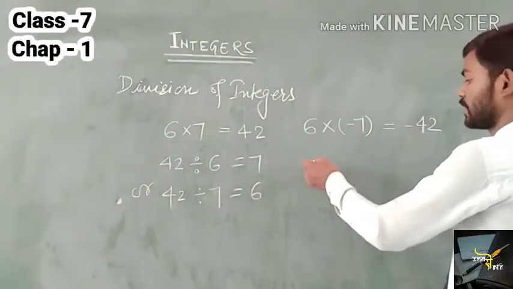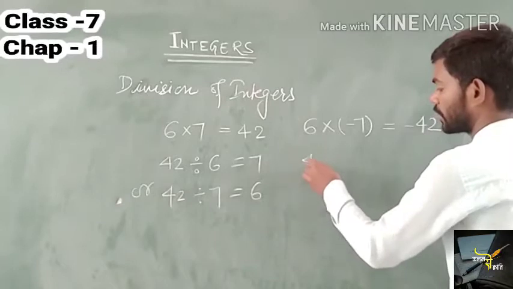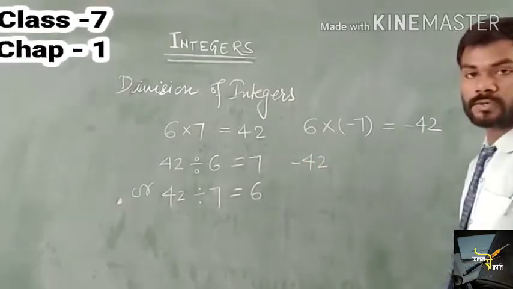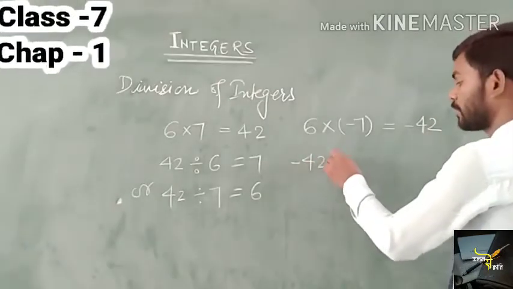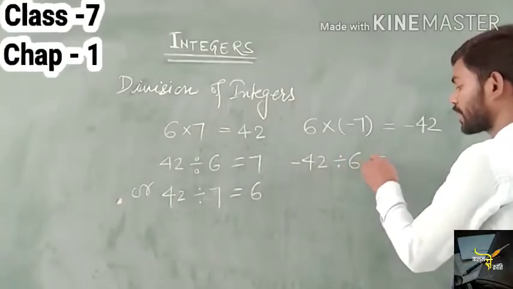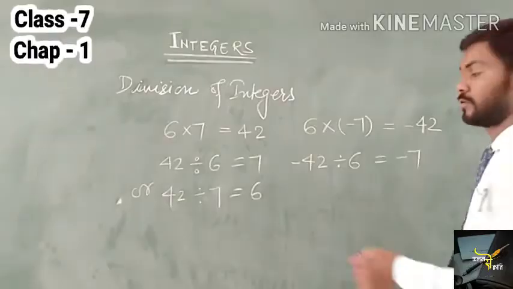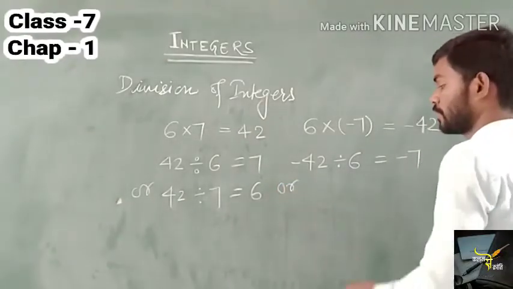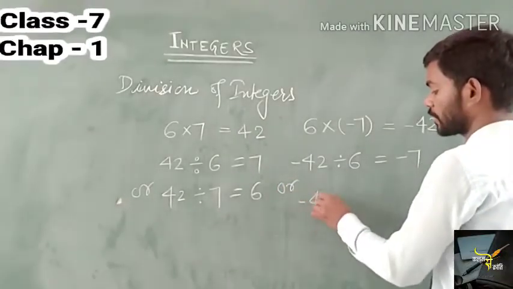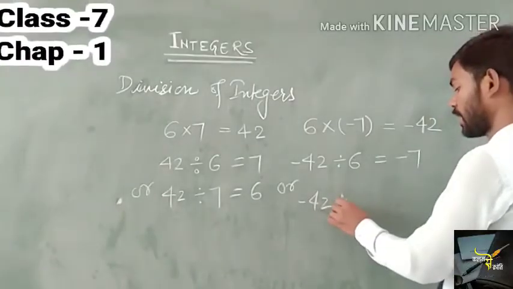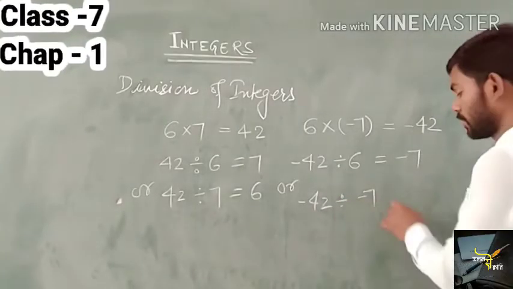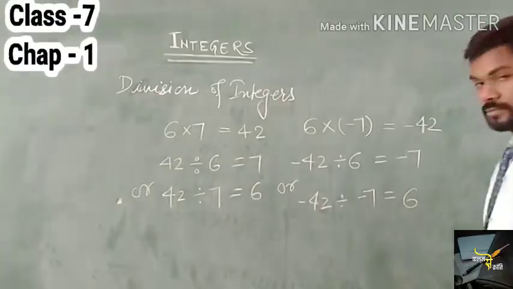And now we can see that when minus 42 is divided by 6, we get the result as minus 7, or when minus 42 is divided by minus 7, we get 6.